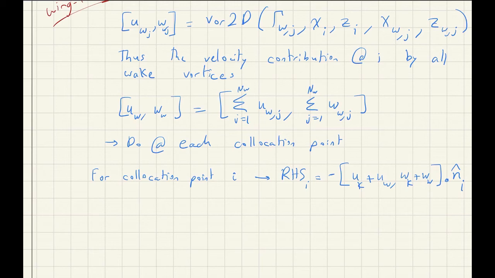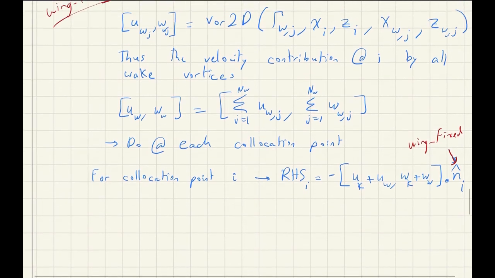And again, this normal unit vector, since we're working in the wing fixed frame, is in the wing fixed frame. And this simply takes the induced velocity component that is normal to the collocation point surface of interest.